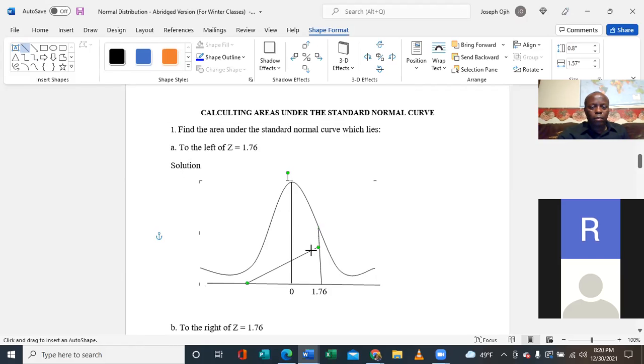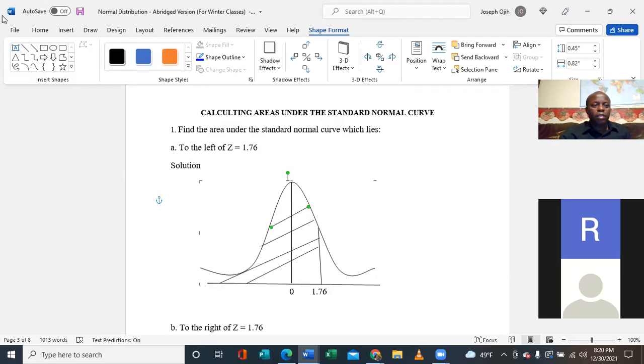All the left sides we shaded. Left will be shaded.